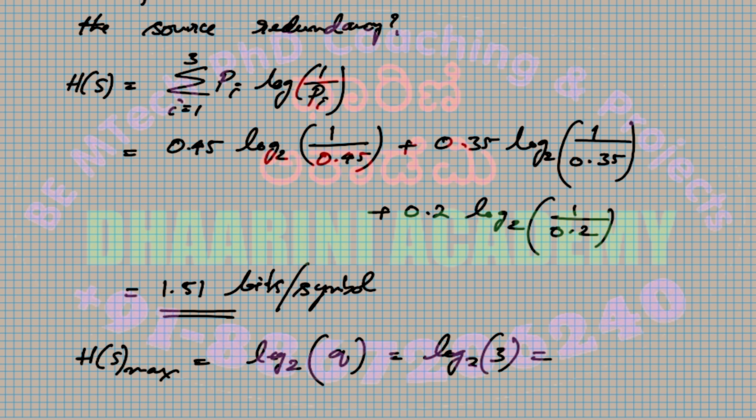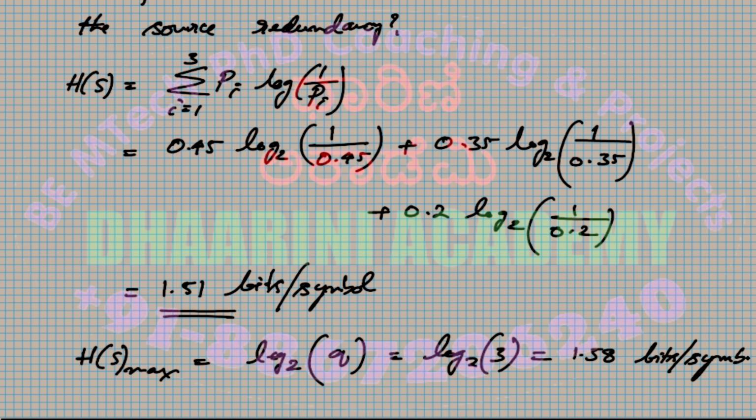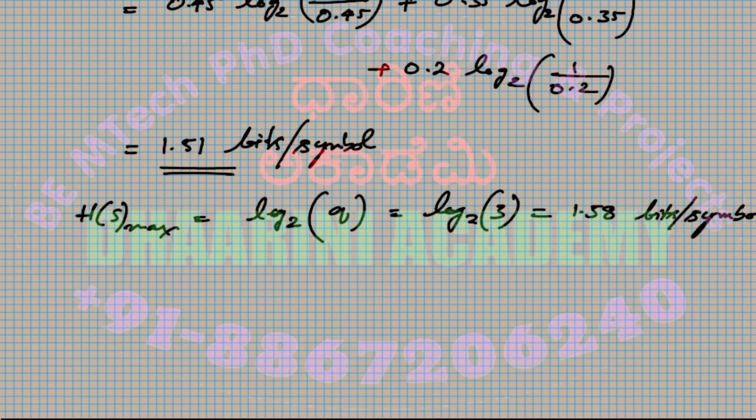So we get a value equal to 1.58. Again, this is the maximum possible entropy, in bits per symbol.